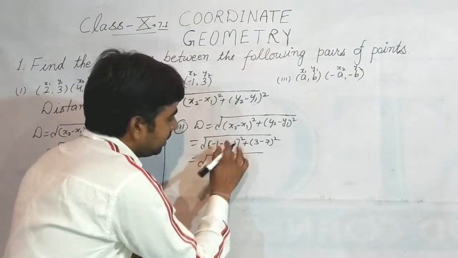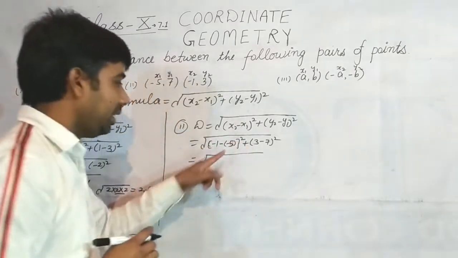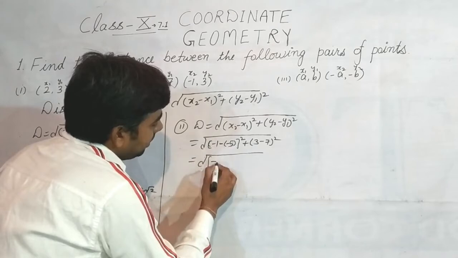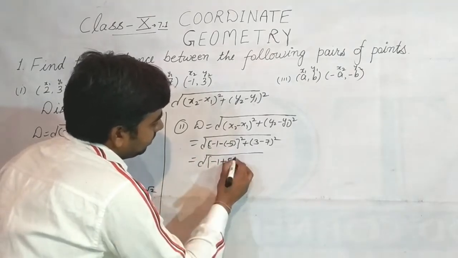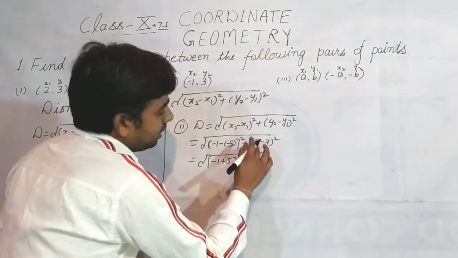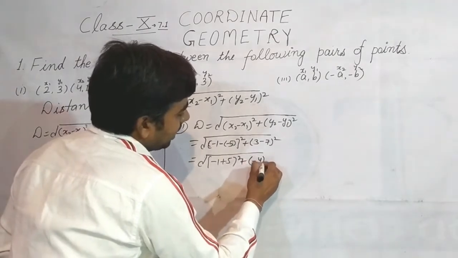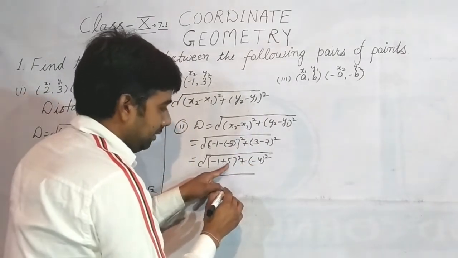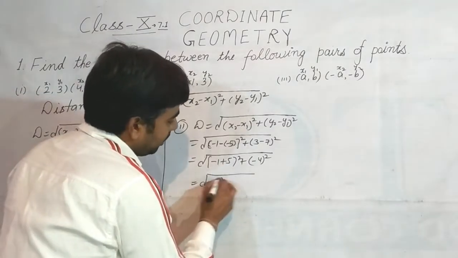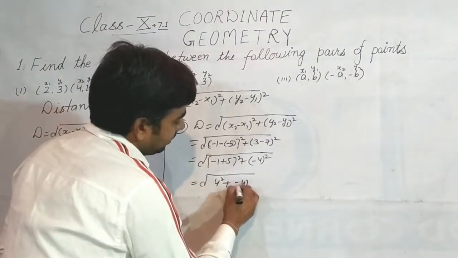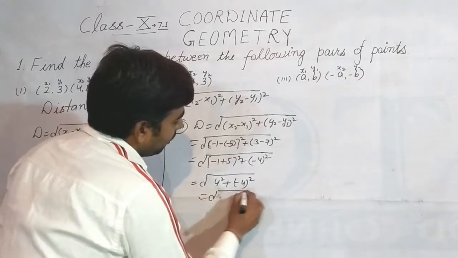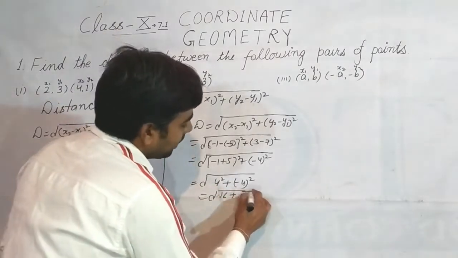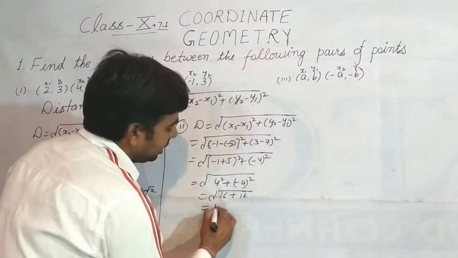This is minus 5, and if I take minus here, this minus will make it positive. Plus, this is a smaller number, this is a greater number, minus 4 square. Minus 1 plus 5, 5 is greater, 1 is smaller, 4 square. Minus 4 square. 4 plus 4 square is 16. If we are squaring any number, even if it is minus, it will be positive.